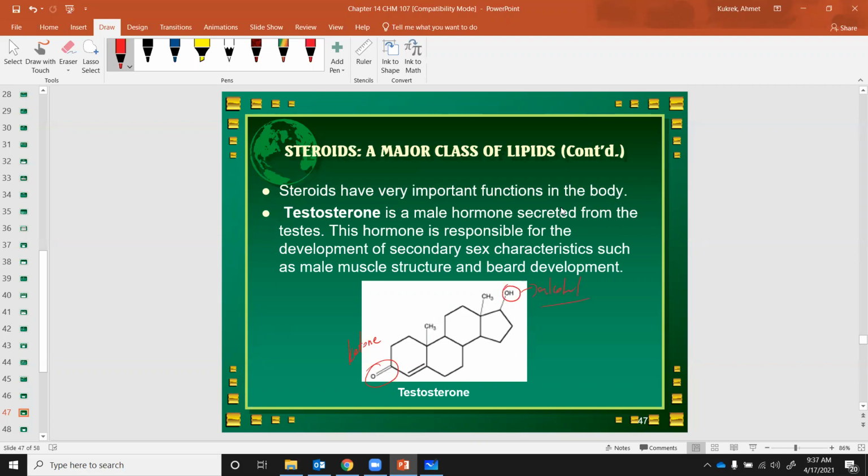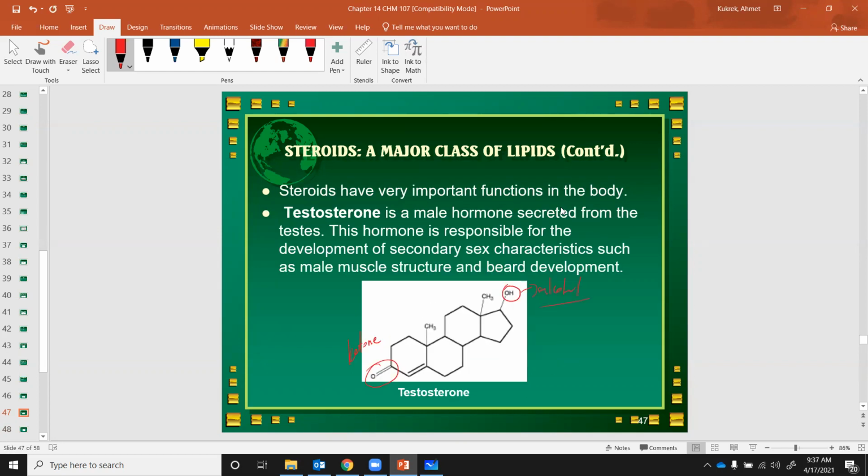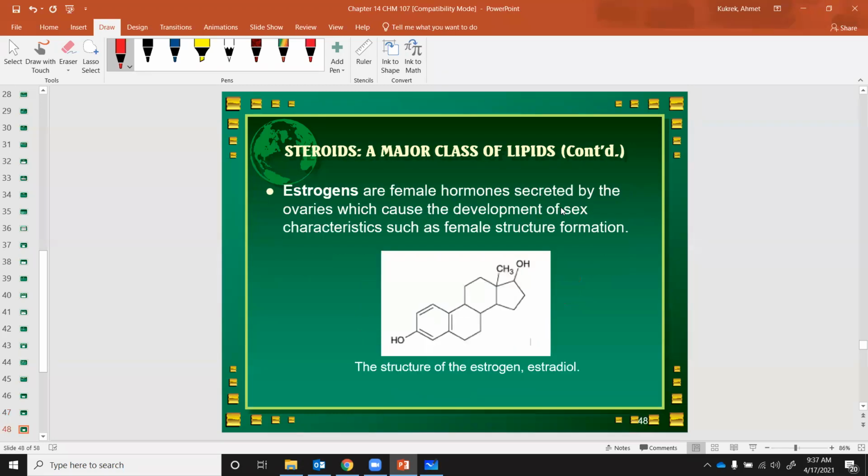And this is a steroid, and this is a hormone in our body. I'm going to show you an interesting one. This is a male hormone, and if you look at the female hormone, it's very close. Look at it. It is a 4 interlocking system, but instead of a ketone, you see this is an alcohol now, and this is actually a phenol.